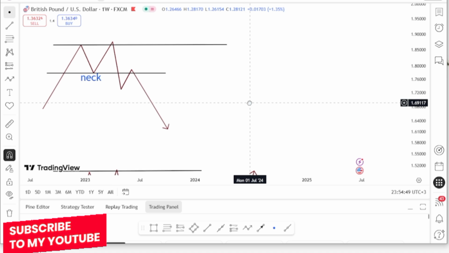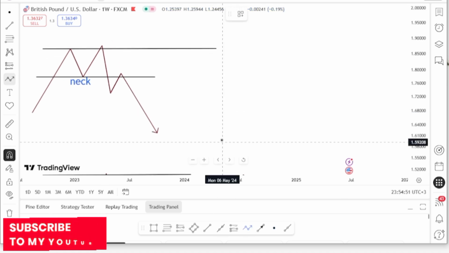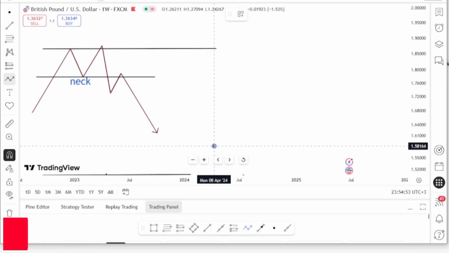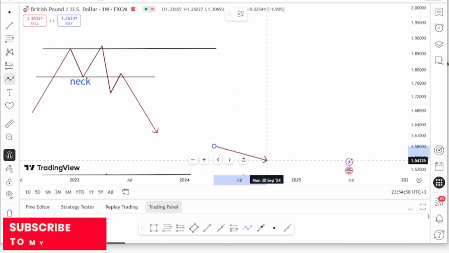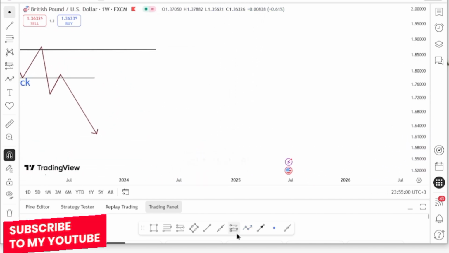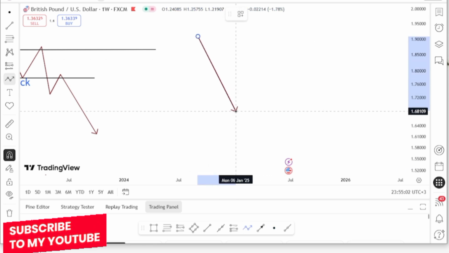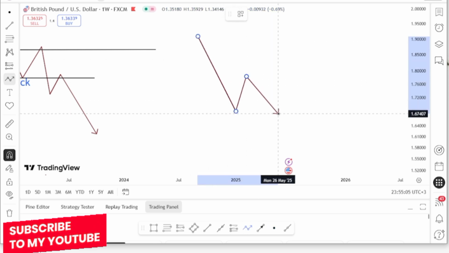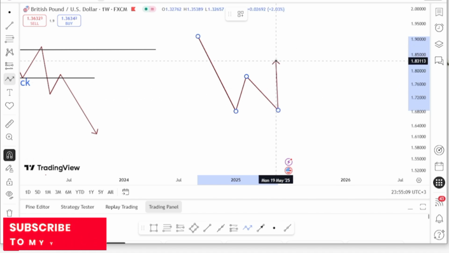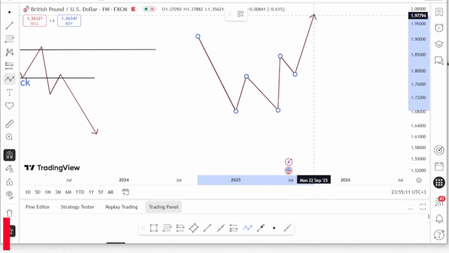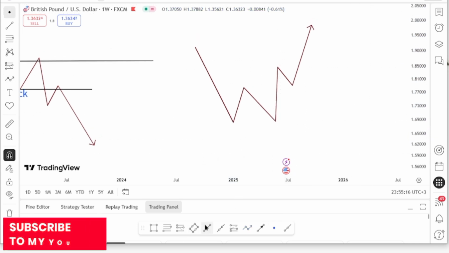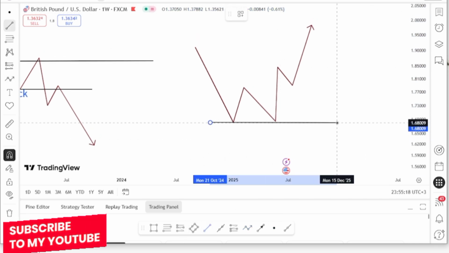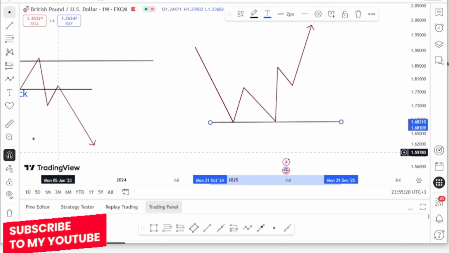The same way for a double bottom. For example, this market is like this. The market forms like this, came here, came here, then a bit higher. So let's draw this. This is our support, and this is our neckline.